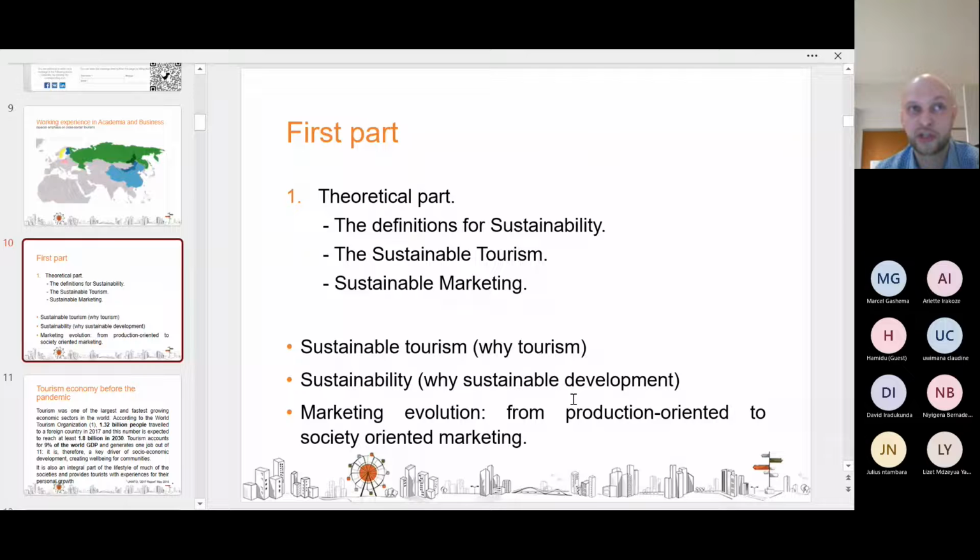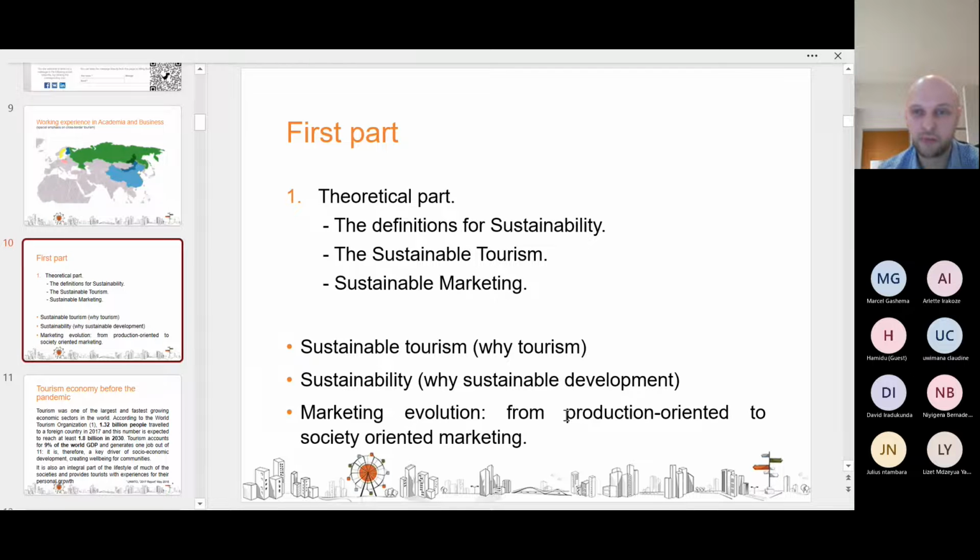So companies, especially corporations, should follow sustainability and implement sustainable development in their strategies and management. And there are also requirements for sustainability implementation if the company would like to be listed on the stock market.